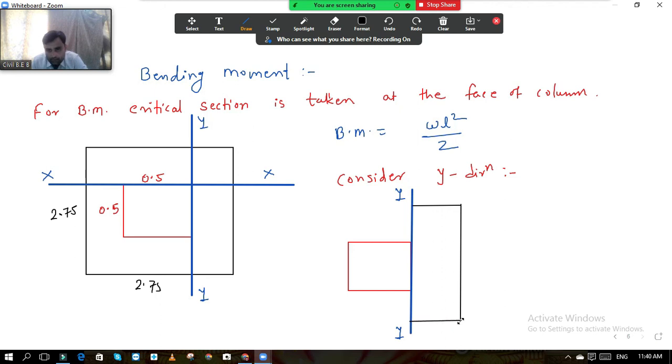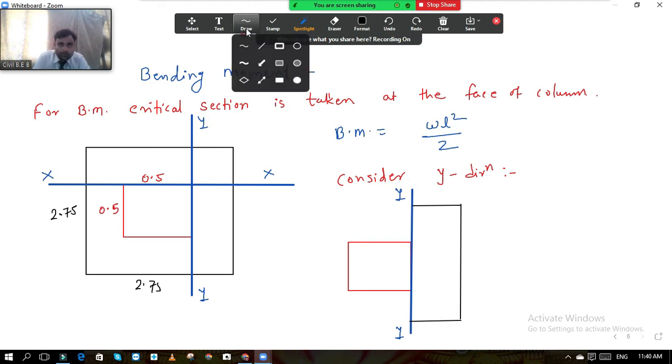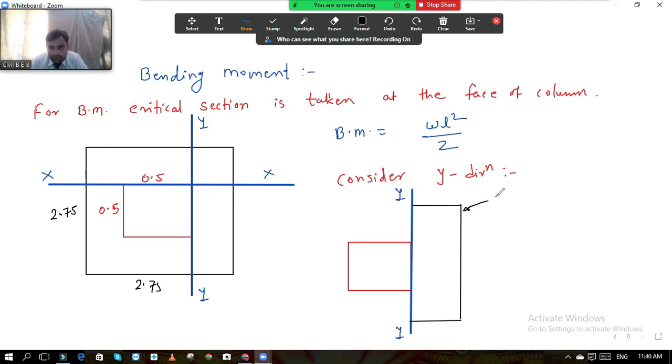Are you getting the diagram? What I have drawn is only this part. With this column, this is our section YY, and this part of the footing I have drawn over here. This is our footing edge, one edge of the footing.